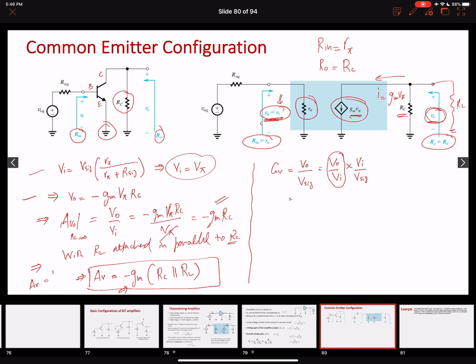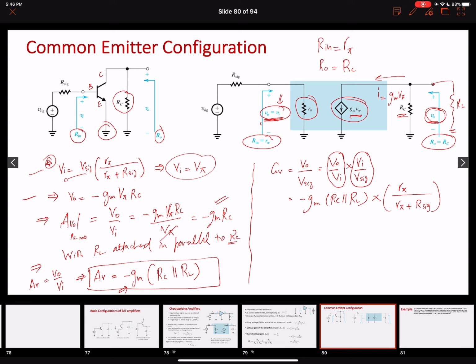So this AV is also V naught over Vi with load resistance attached. So in terms of an overall voltage gain, V naught over Vi is minus GM RC in parallel with RL, and then multiplied by Vi divided by V signal. Vi divided by V signal is coming from here. Just take this V sig over here. So Vi over V signal will be equal to R pi over R pi plus R signal.